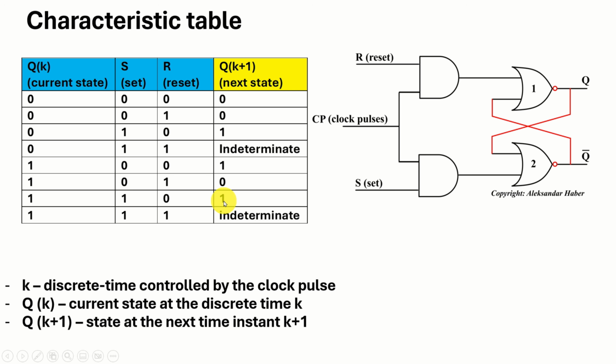That is, the current state and the next state should be equal, and they should be equal to 1. And when the current state is 1, set is 1 and reset is 1, we have the indeterminate state that's actually controlled by the delays in the system, and it's very difficult to predict it.